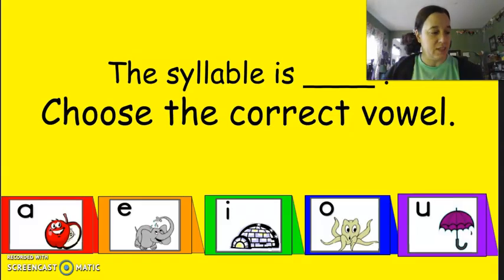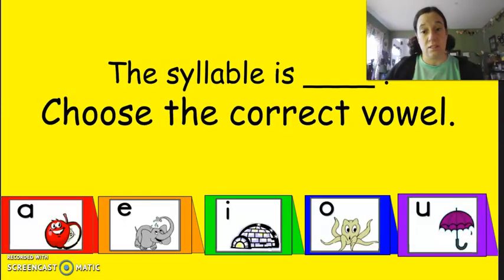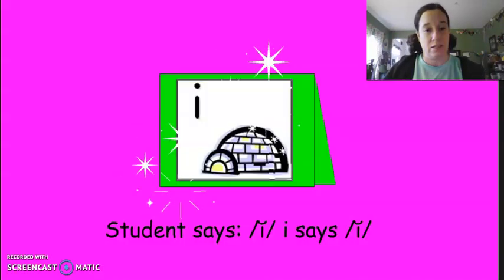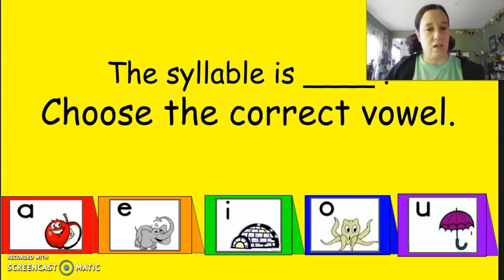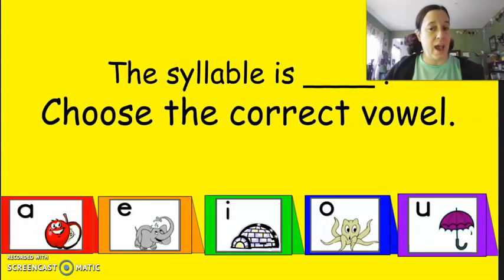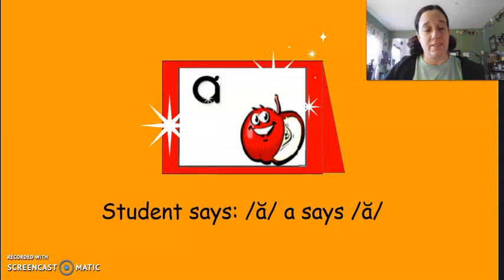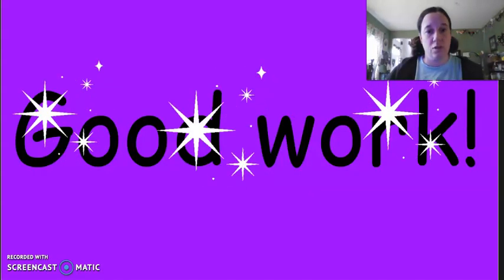The syllable is ket. E says eh. The syllable is kit. I says i. The syllable is cut. U says uh. The syllable is cag. A says ah. Good work.